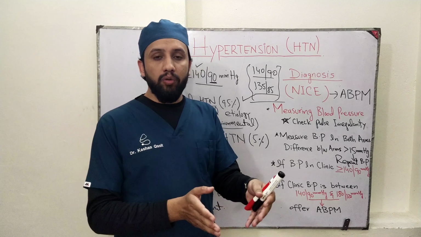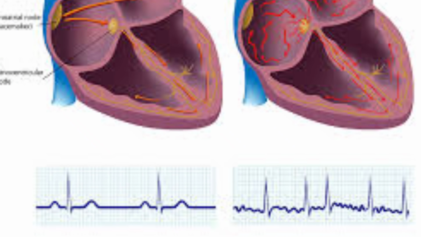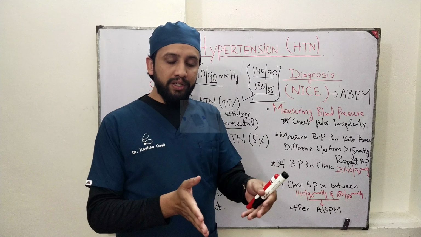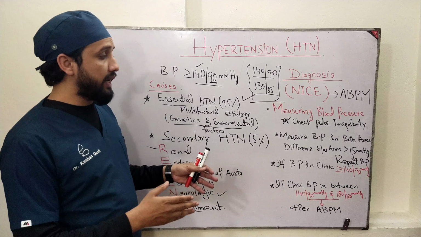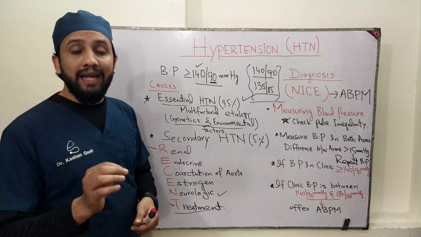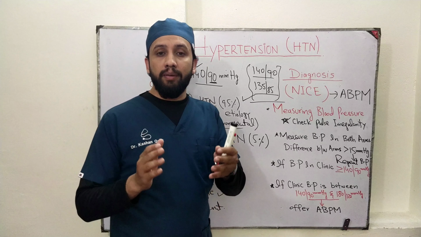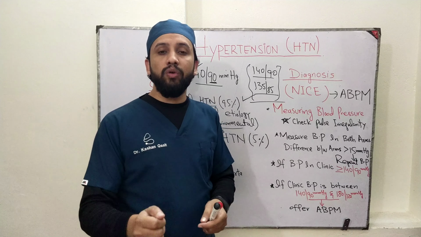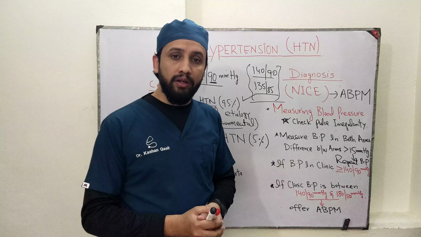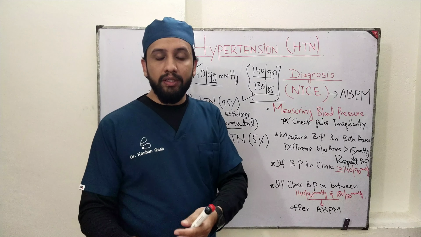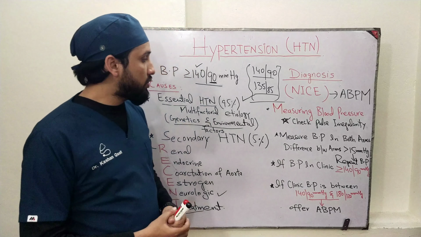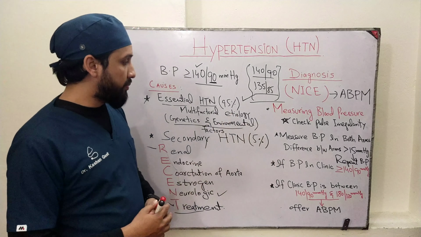If the pulse is irregular, like in atrial fibrillation, then the automated machines in hospitals and clinics cannot measure the BP accurately. So you will go for manual blood pressure measurement using the auscultatory method over the brachial pulse. So checking the pulse regularity is very important.